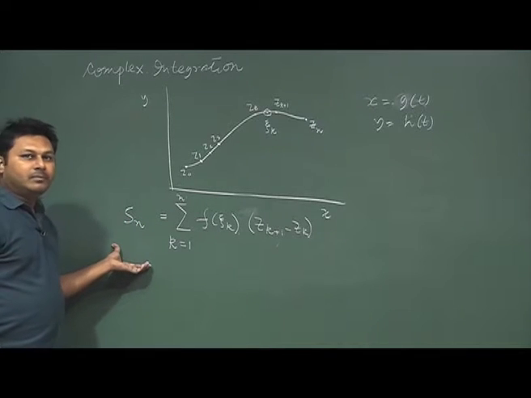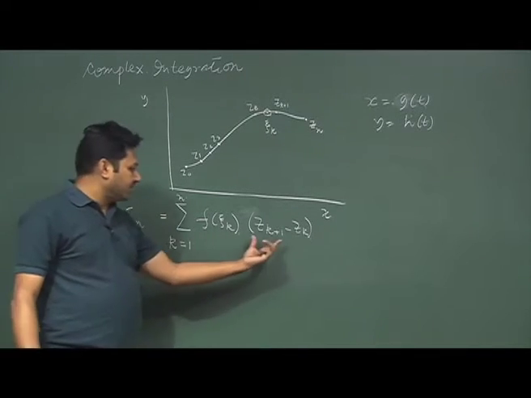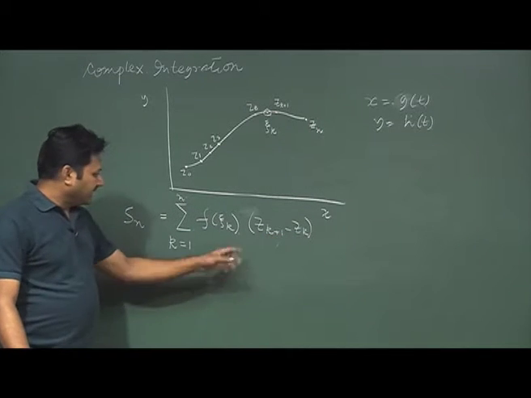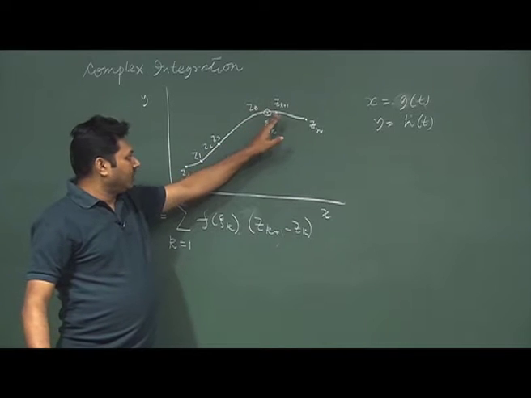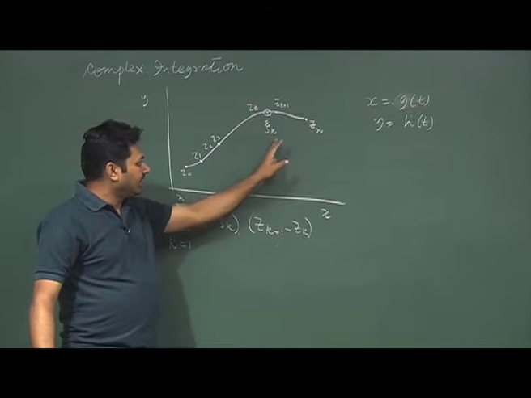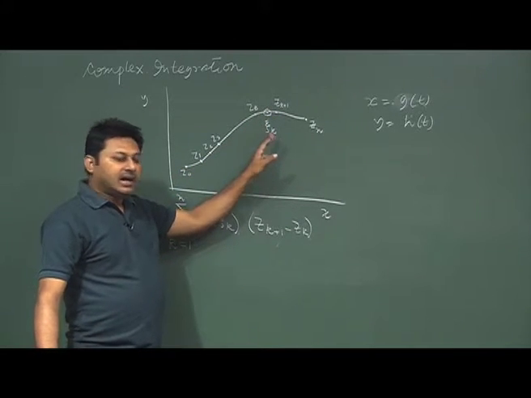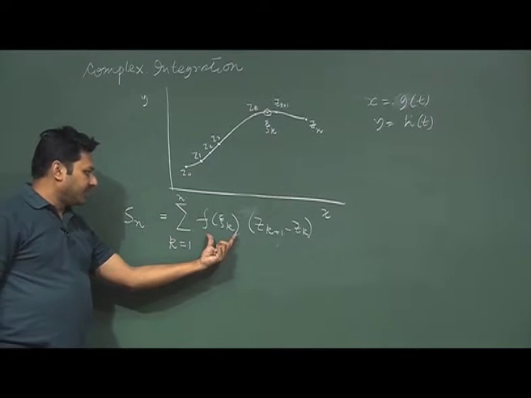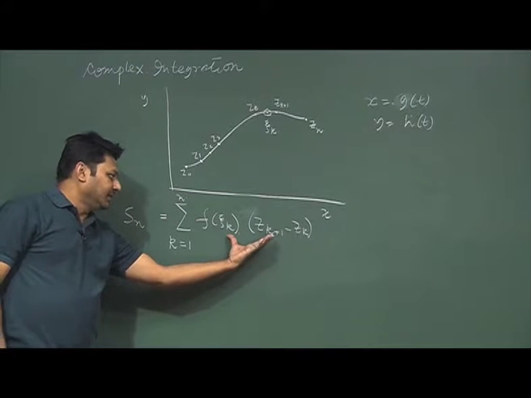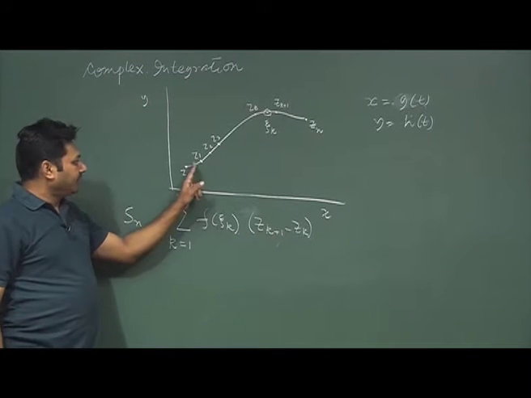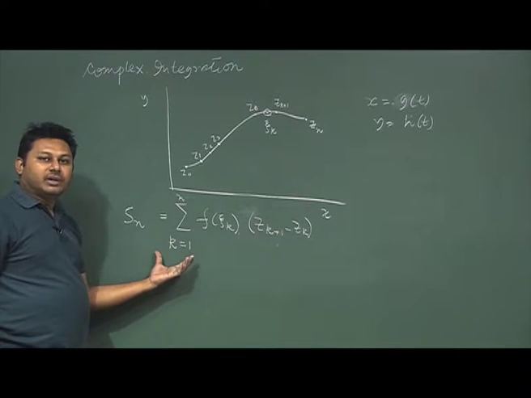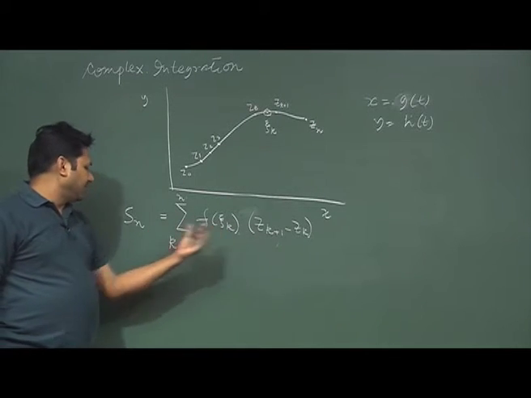So, this is the form I am going to use. If the function is given to me, I put xi k in the function and then multiply, I will have something, and then for every point I can have the same thing, and if I sum over k, then I will have Sn.